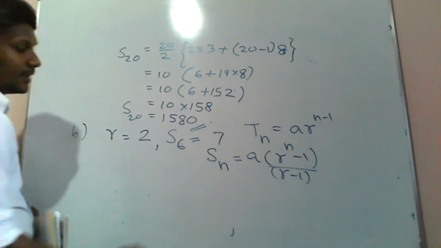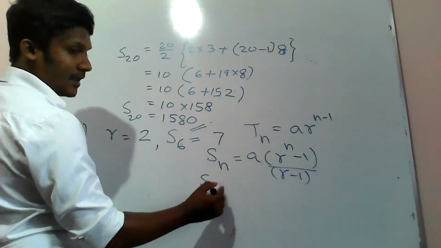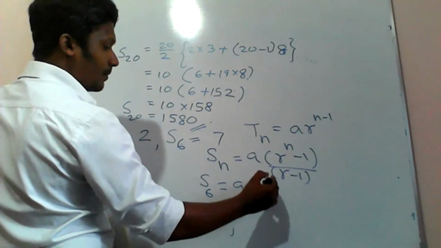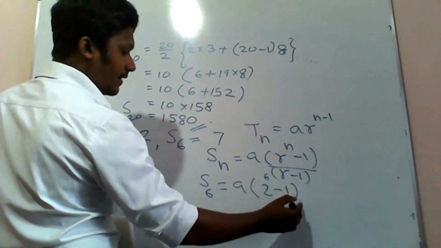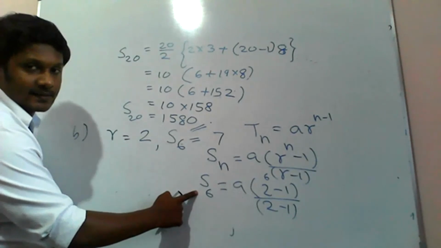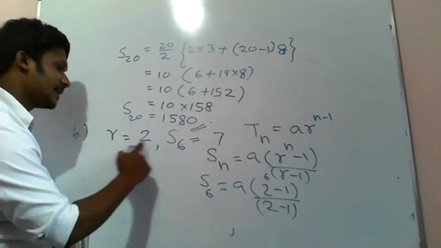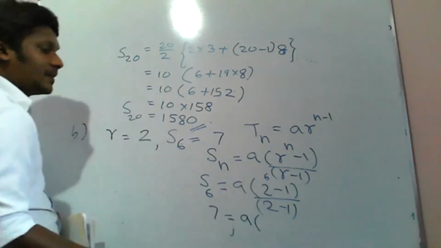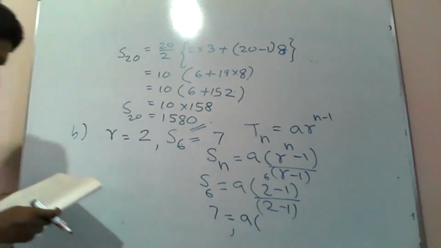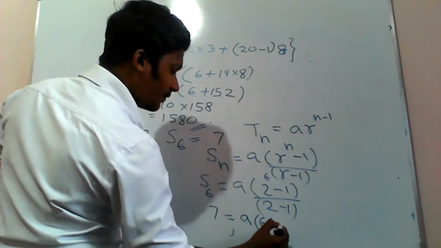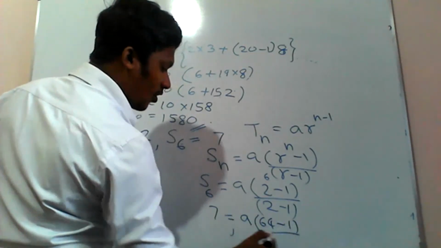Then S6 equals a (2 to the power 6 minus 1) divided by (2 minus 1). S6 is the sum of the first 6 terms. 7 equals a times (64 minus 1) over 1.